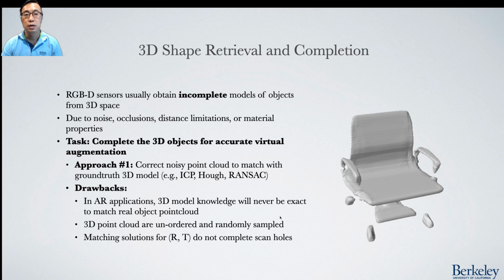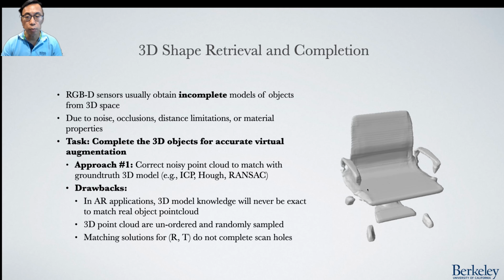Number 1, in AR applications, our 3D model knowledge will never be exact to match the real object point cloud. For example, we may have a 3D model from the chair category, but we cannot possibly have exact models for every type of chair. This fact has been established as a key sticking point even in image classification challenges.